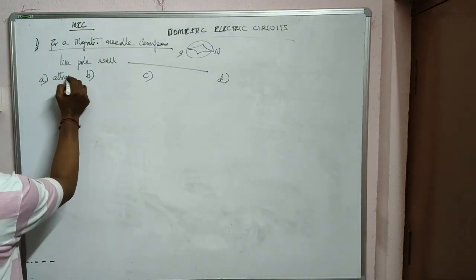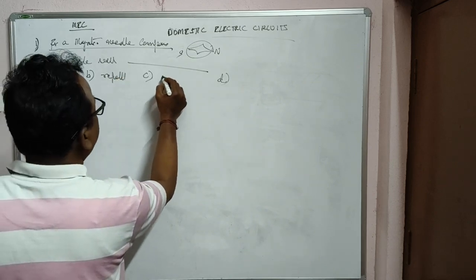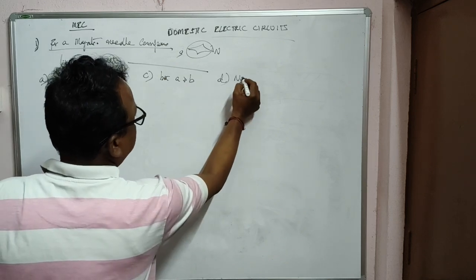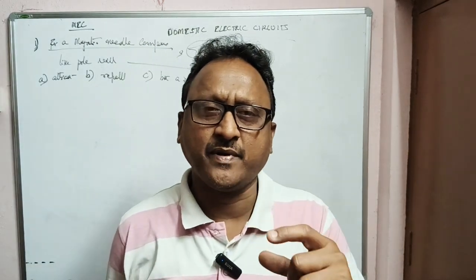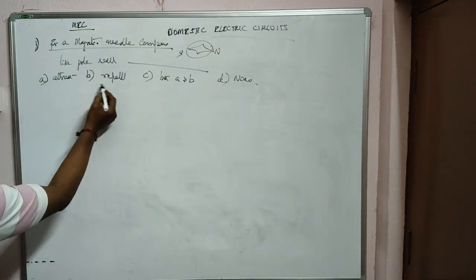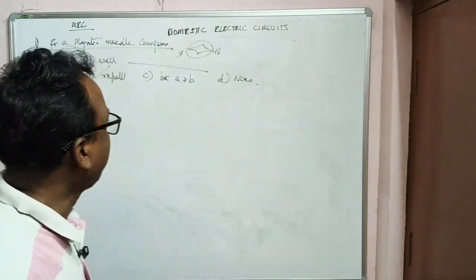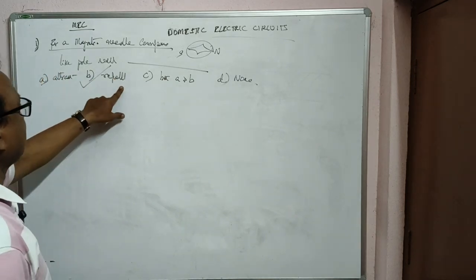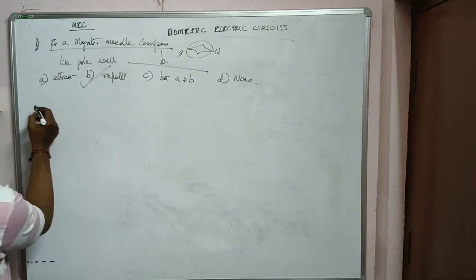Attract, repel, C answer both A and B, D none. Already I told in the concept, like poles, what happens, north and north? They will be repelling. So B is the answer. Same poles, north and north, south and south, repel each other. It's nature's phenomenon.